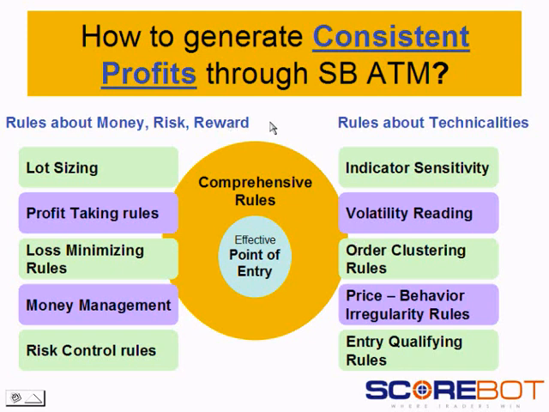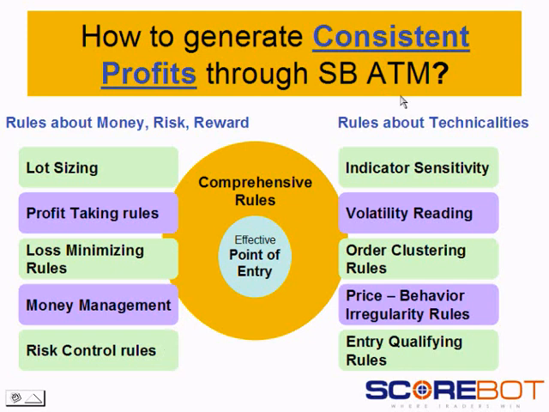How to generate consistent profits through our scoreboard ATM? First of all, on one side, apart from having an effective point of entry, we need to have a set of very comprehensive rules. On the left hand side, you can see it's all rules about money, risk, and reward. Basically, they are lot sizing, profit taking rules, loss minimizing rules, money management, and risk control rules.